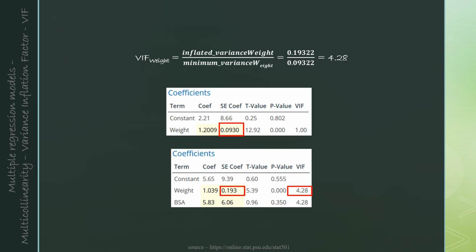Note, 0.1932 and 0.0932 are the standard deviation values, and since we are taking the ratio of variances, their respective squares are included in the formula.